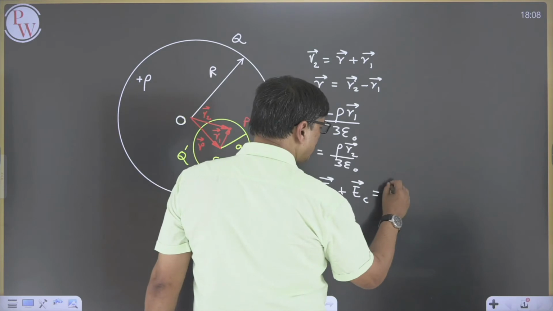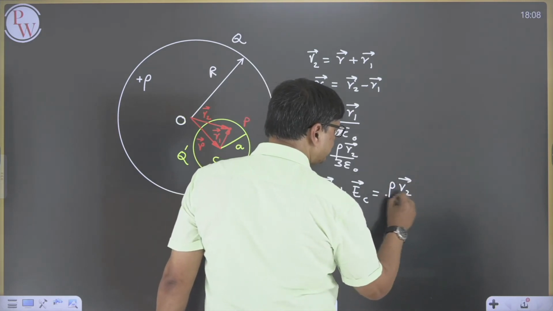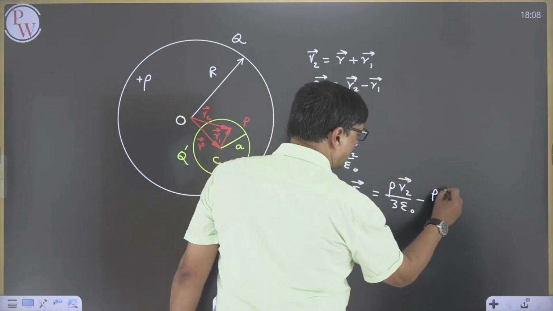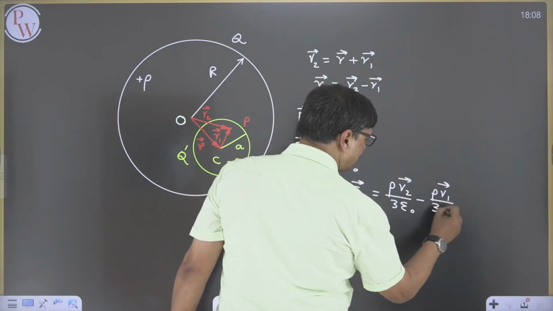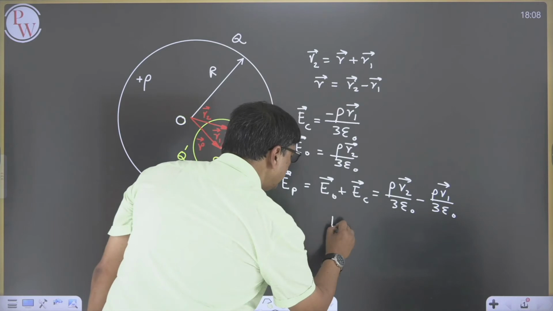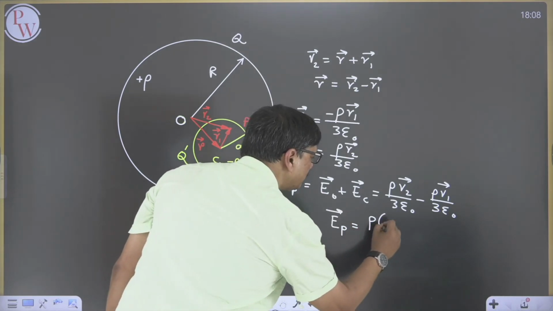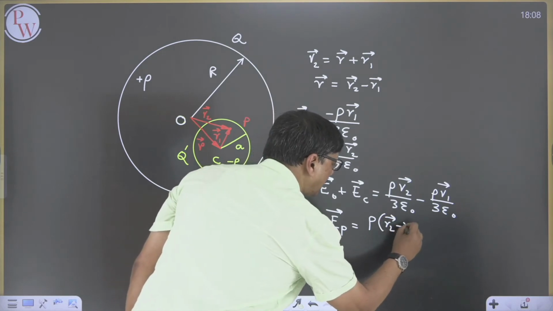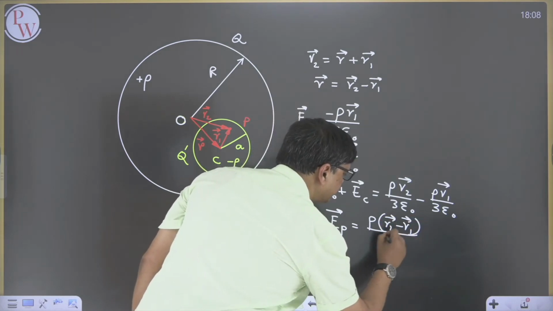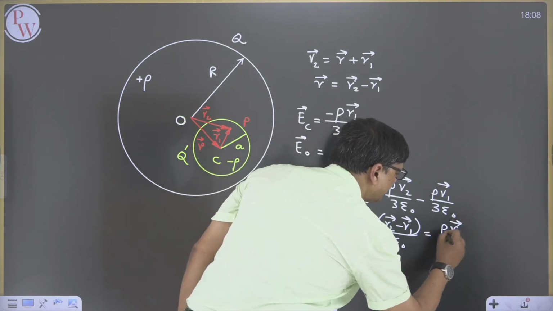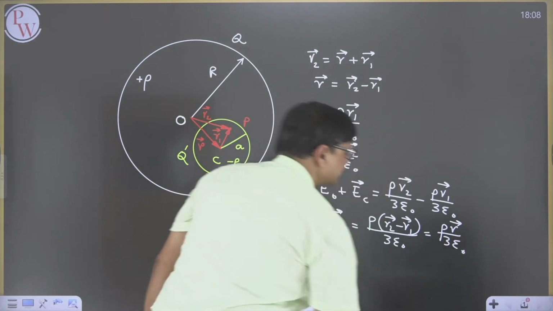EO is rho R2 by 3 epsilon naught, and this is minus rho R1 by 3 epsilon naught. Then the field over there is rho into R2 minus R1 divided by 3 epsilon naught. That gives rho R by 3 epsilon naught.